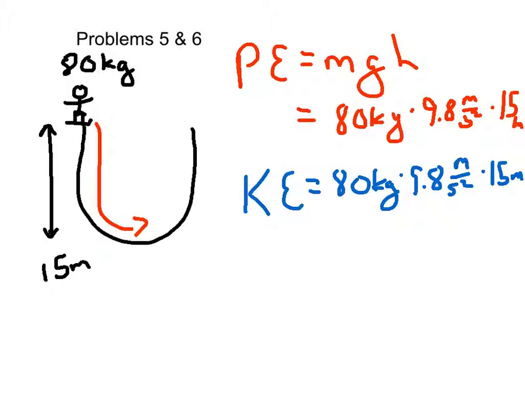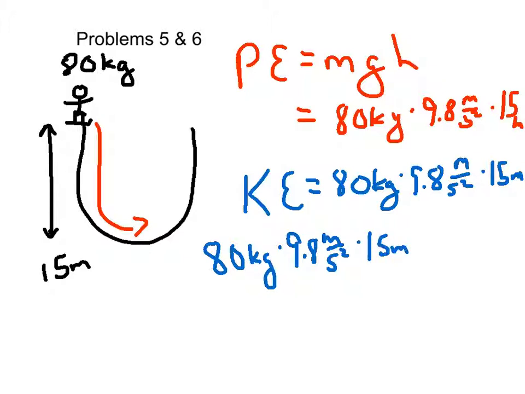Now we do the exact same thing we did before. We plug that into our kinetic energy equation, and we can solve for the velocity. So here is our potential energy plugged in for our kinetic energy. We know that equals 1/2 of 80 kilograms times v squared.